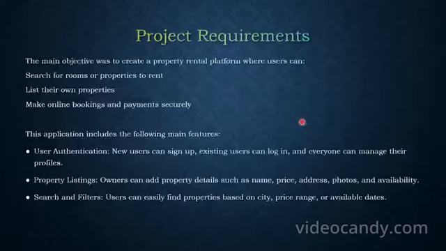Now let us see the project requirements. The core objective of the project was to build a fully functional property rental platform with essential features like property search, listing creation, user login, sign up, booking functionality, and online secure payment.